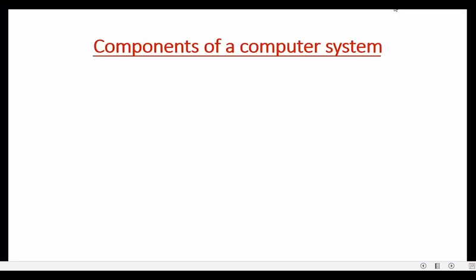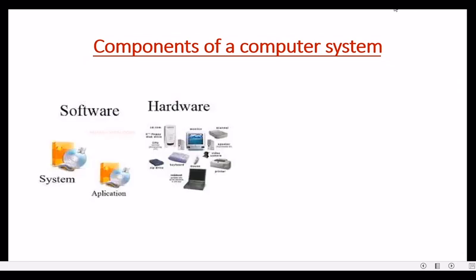So let us know what we mean by operating system. Actually, before we study the operating system, we should know the different components of a computer. All of you know that a computer consists of two different parts.